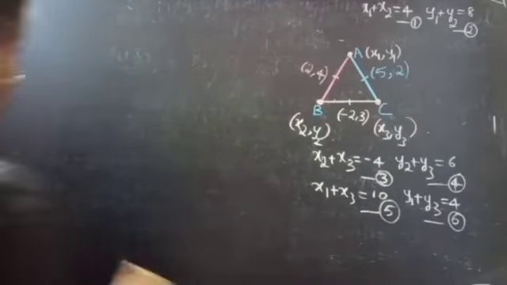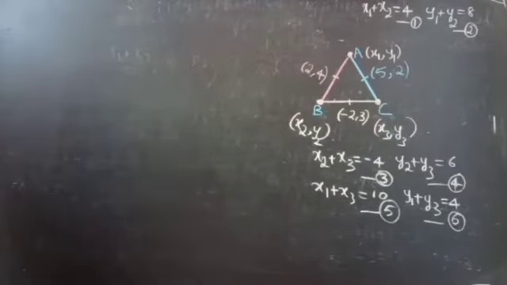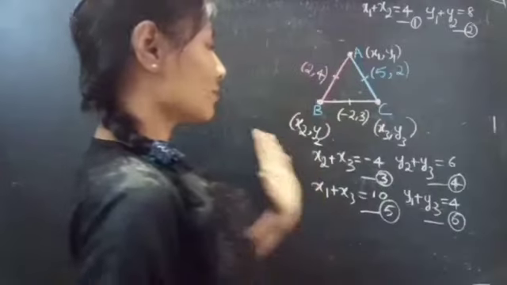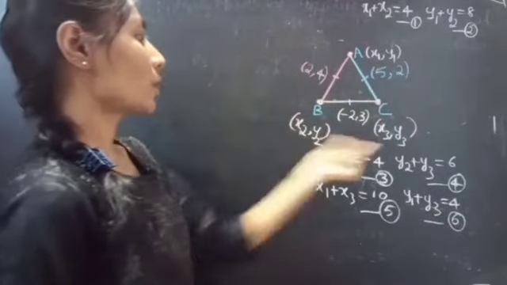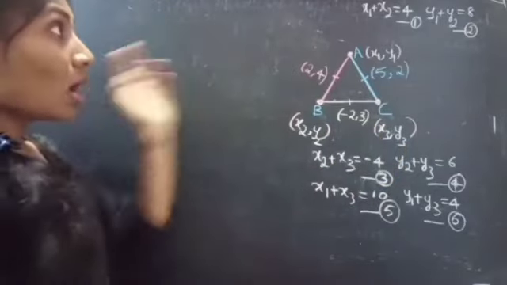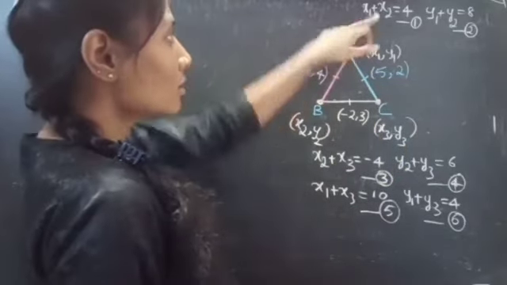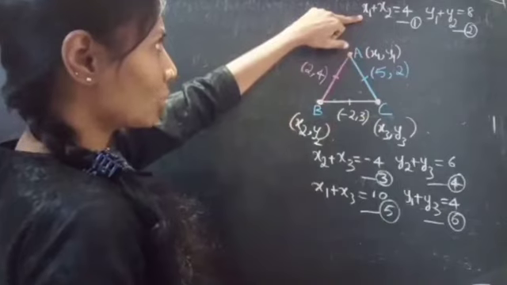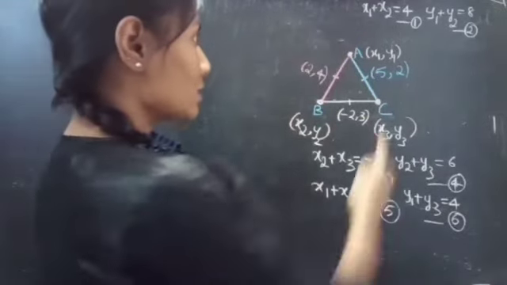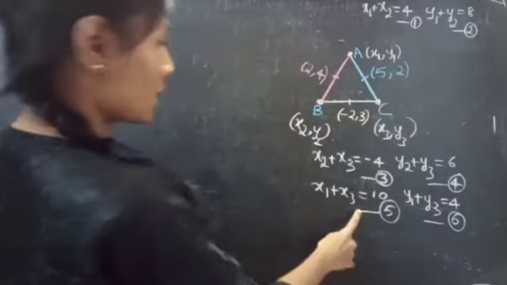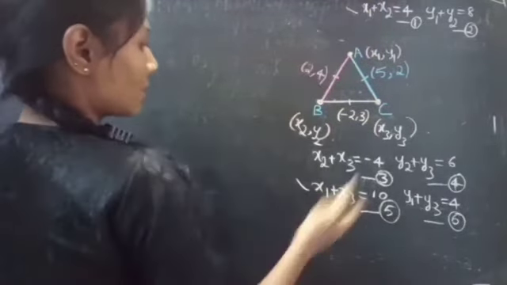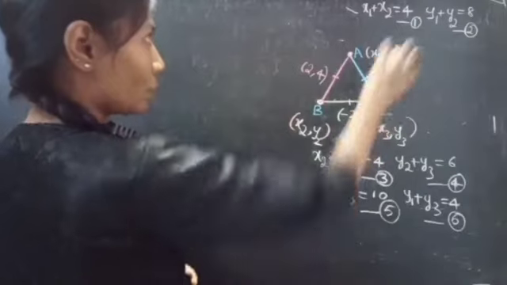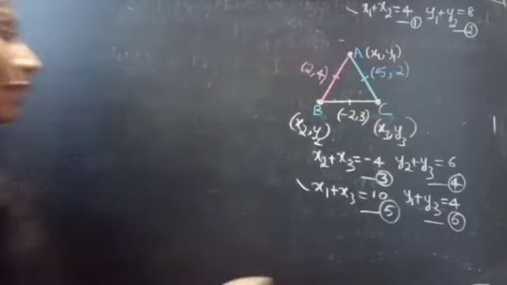Good. Now we are going to solve these 6 equations to find the values of the unknowns x1, y1, x2, y2 and x3, y3. Firstly, I want to cancel x1. So I'll consider equation 1 and equation 5.